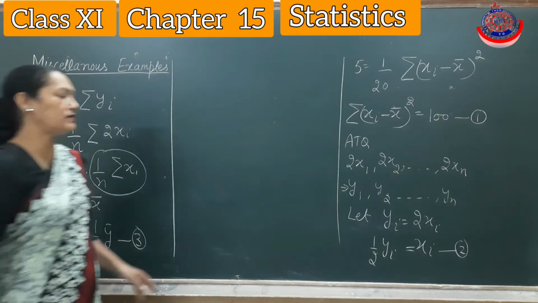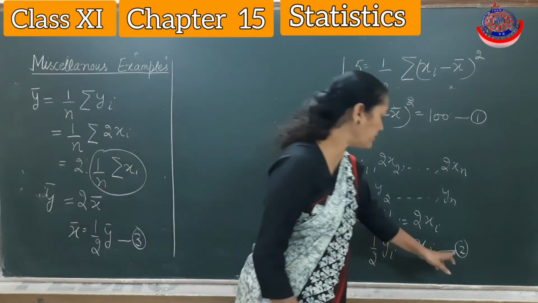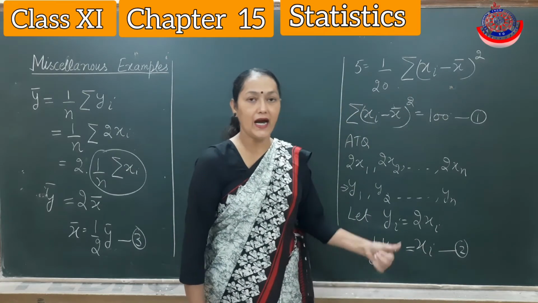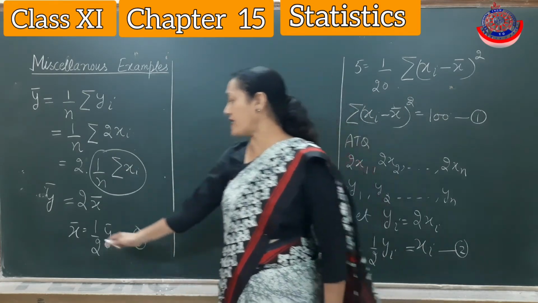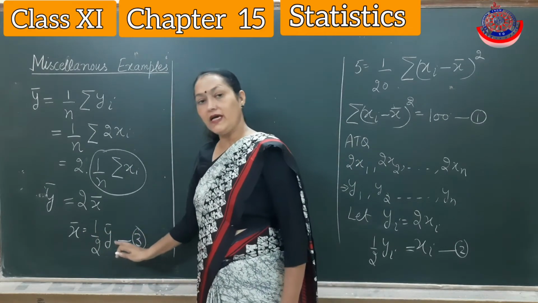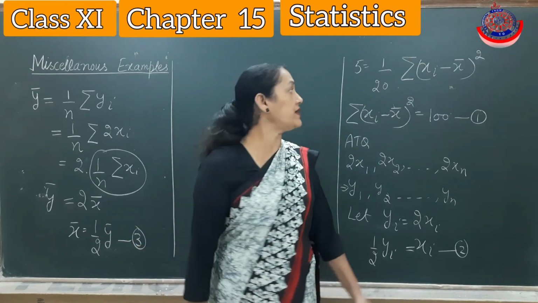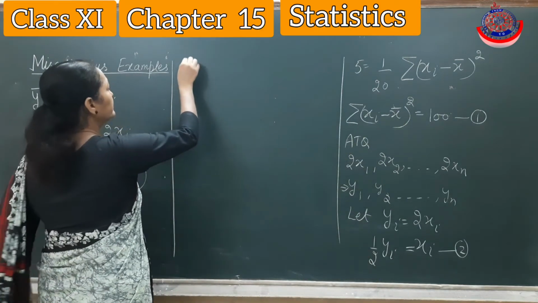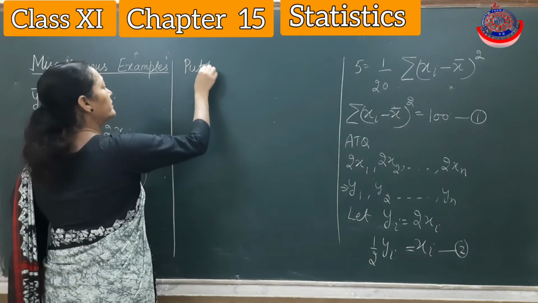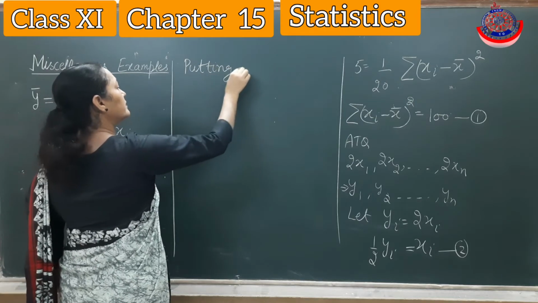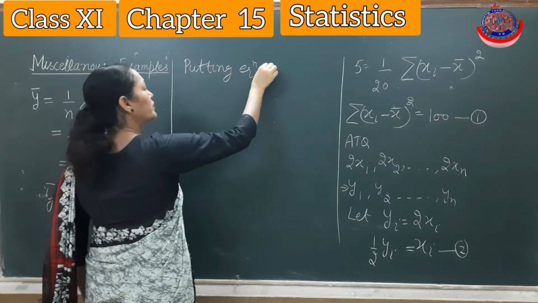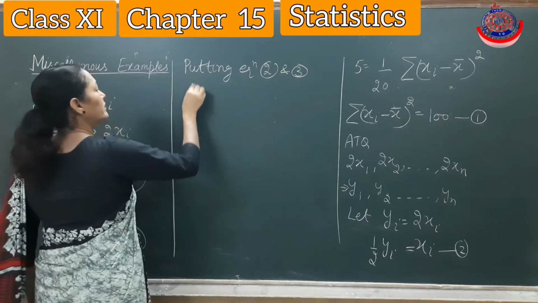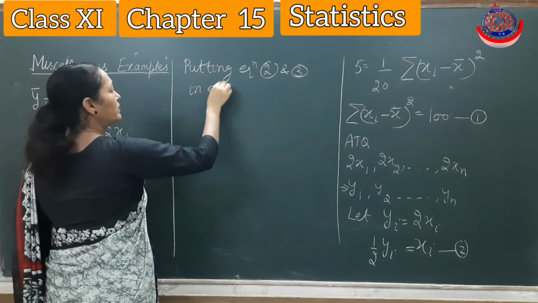Now we insert the second equation, which says xi equals half of yi, and the third equation, which says x bar equals half of y bar, in equation number 1.